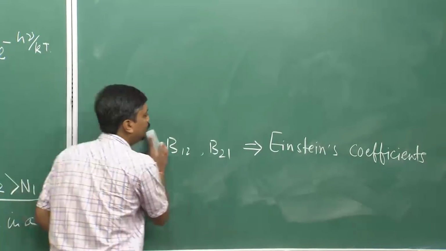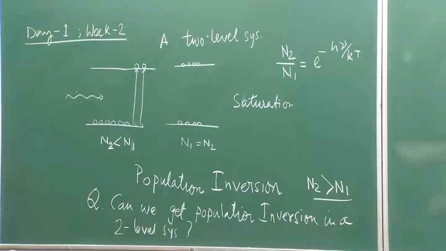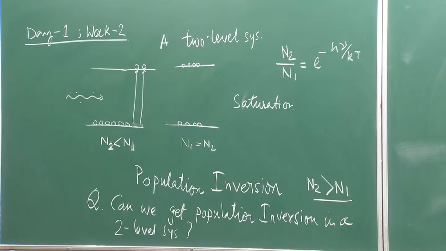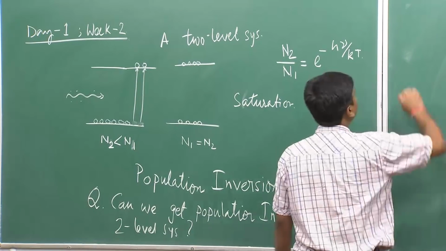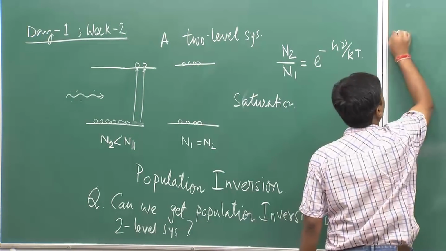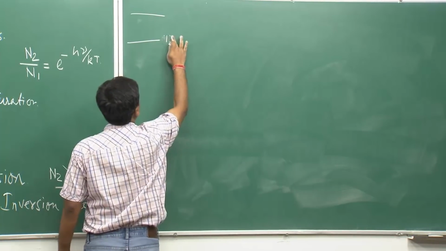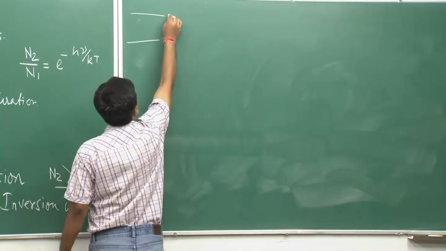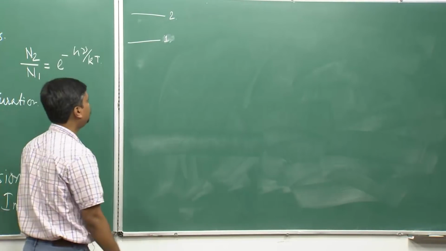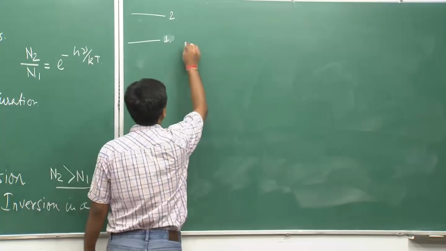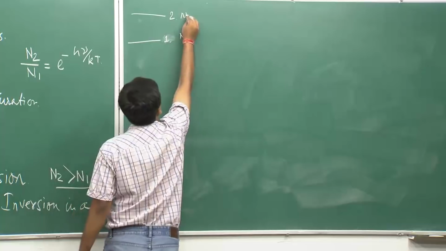All right. So, let's go back to our discussion. We are still considering this two level system, 1 and 2, without bothering about the bracket notation, N1 and N2.